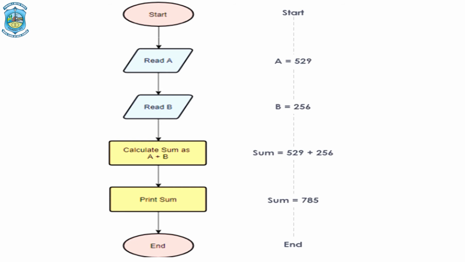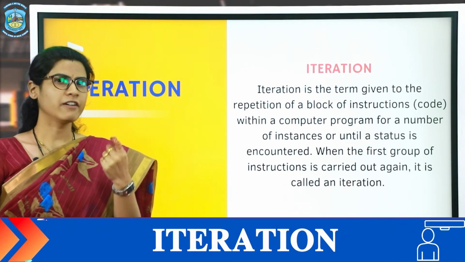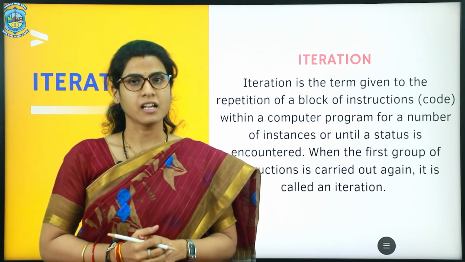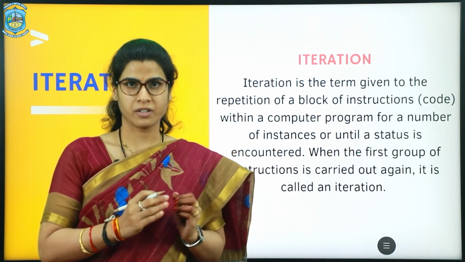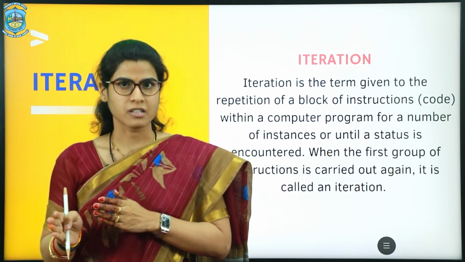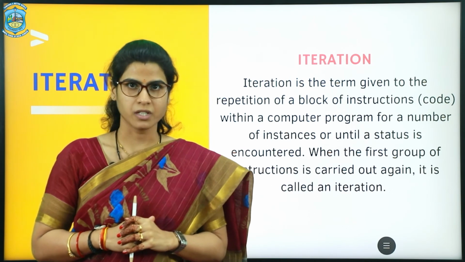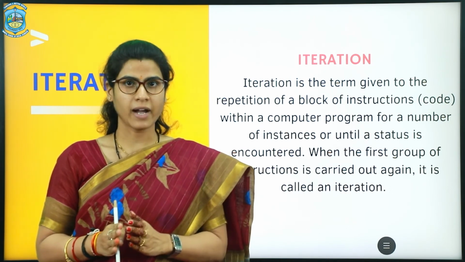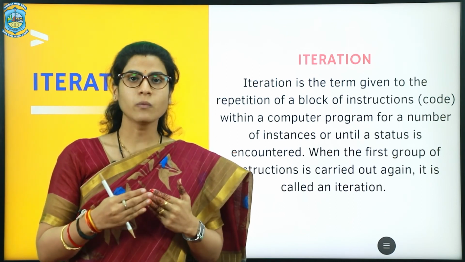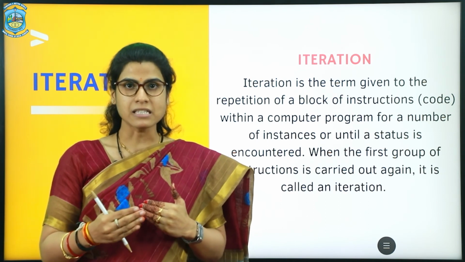Now let's see the last topic from today's outline, that is iteration, recursion and looping. Here you can see I have mentioned a very easy definition of iteration. Iteration is basically a repetition of code, or you can say a repetition of a block of instructions written in the form of code. Whatever number you have provided to repeat that code, the code will repeat that many times.